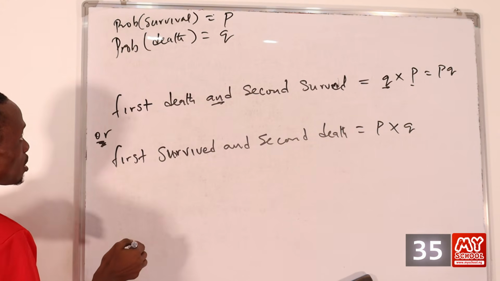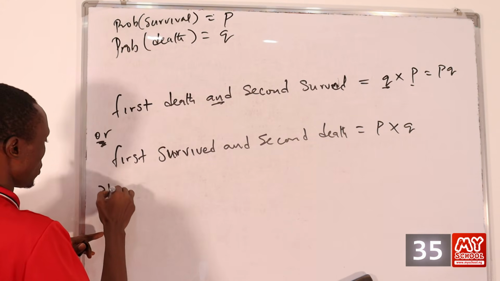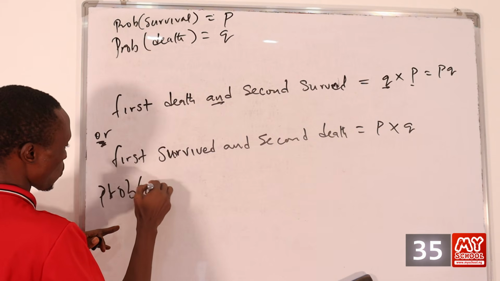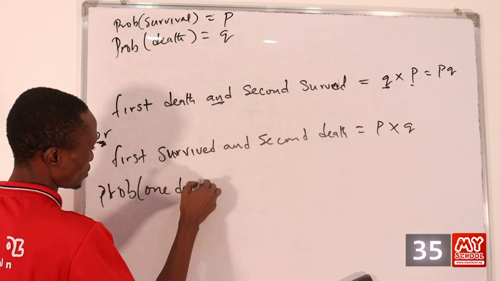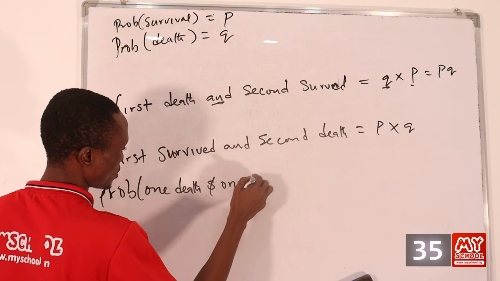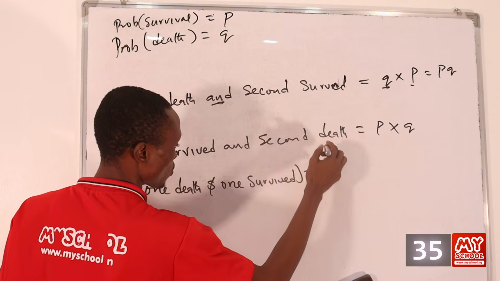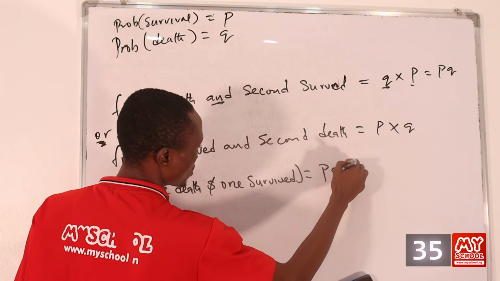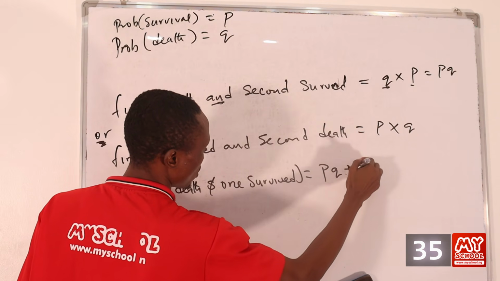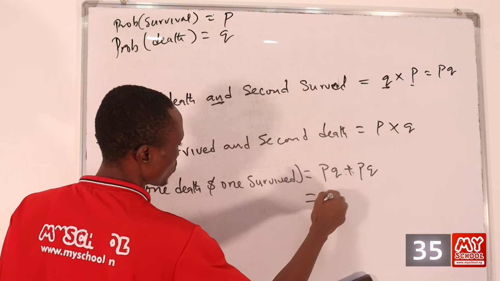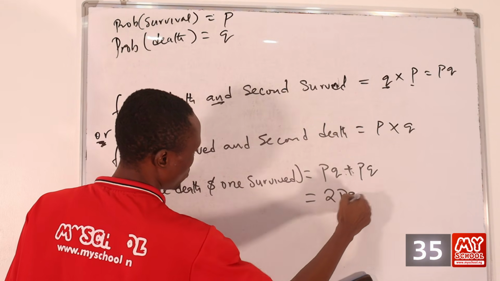So the probability of one dead and one survivor will be equals to PQ plus PQ, so this will be equals to 2PQ.